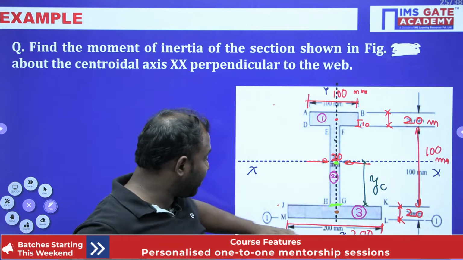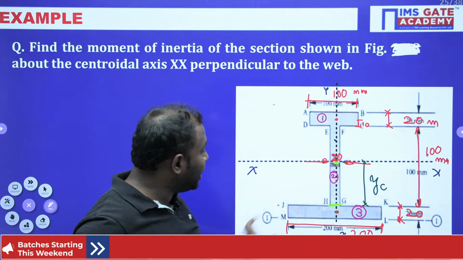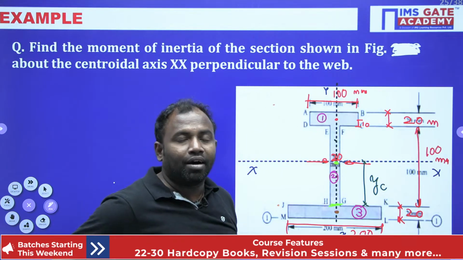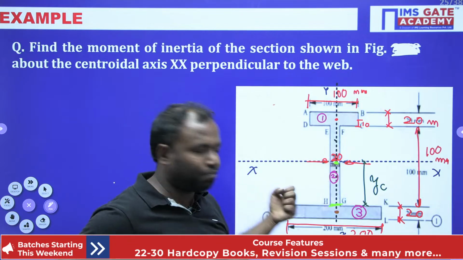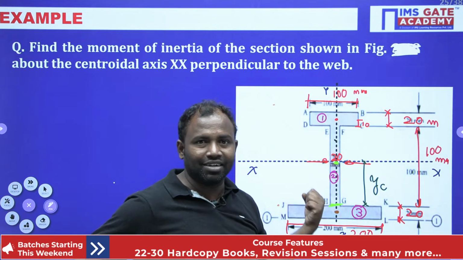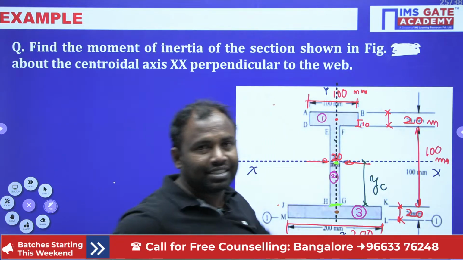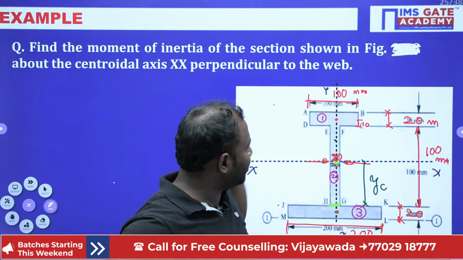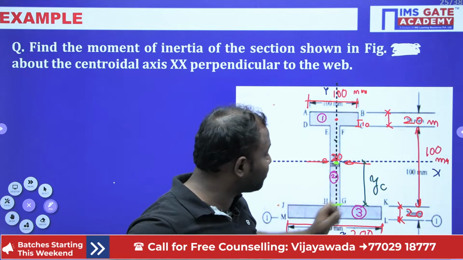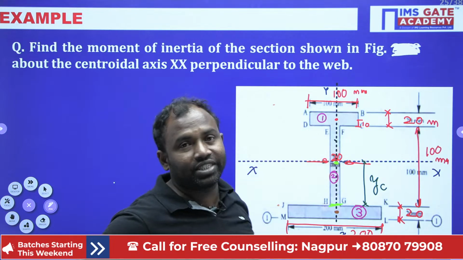Now in order to find I11, I individually calculated the moment of inertia of all the bodies and then I added them, so I got this one, isn't it? Now from there I found YC also for the section. I found the centroid of the first section, the centroid of the second section, the centroid of the third section, and from the three I got the centroid of the whole section YC.